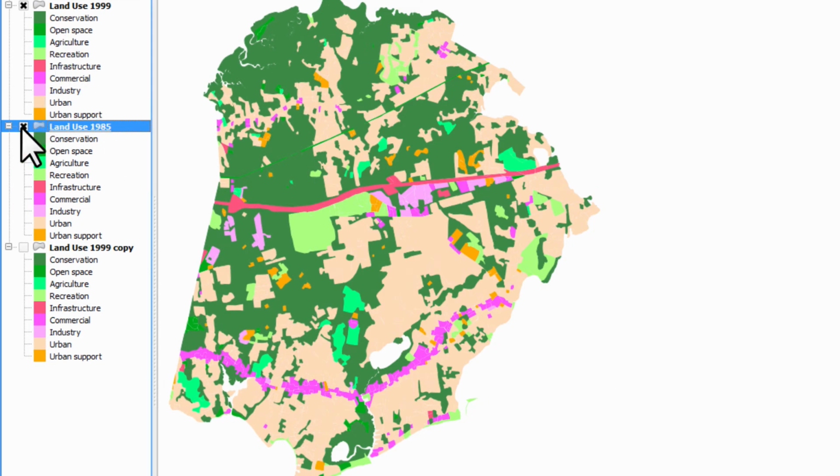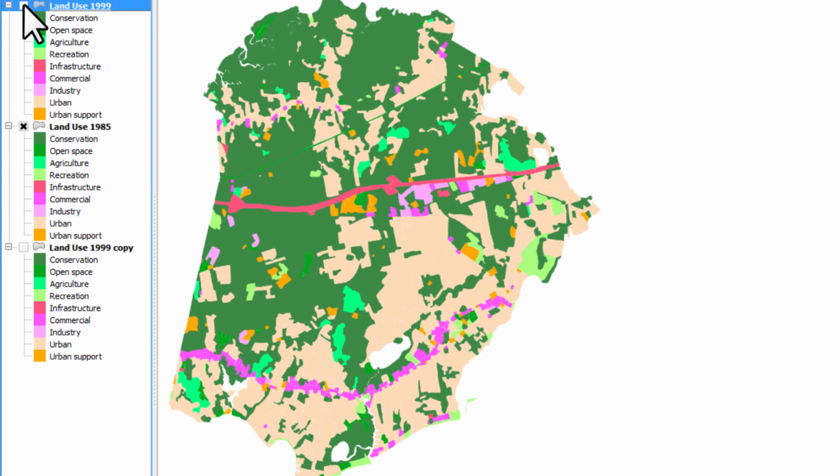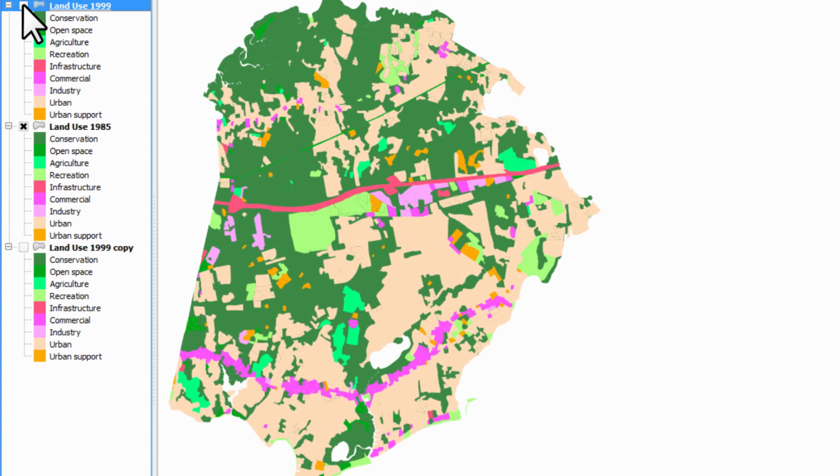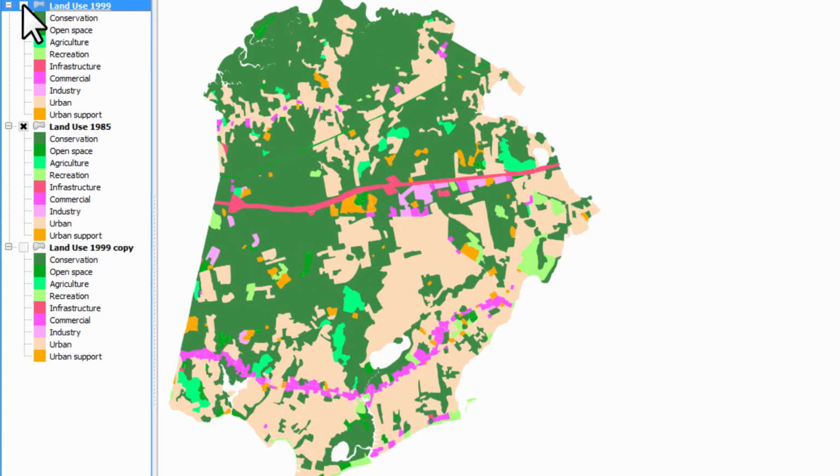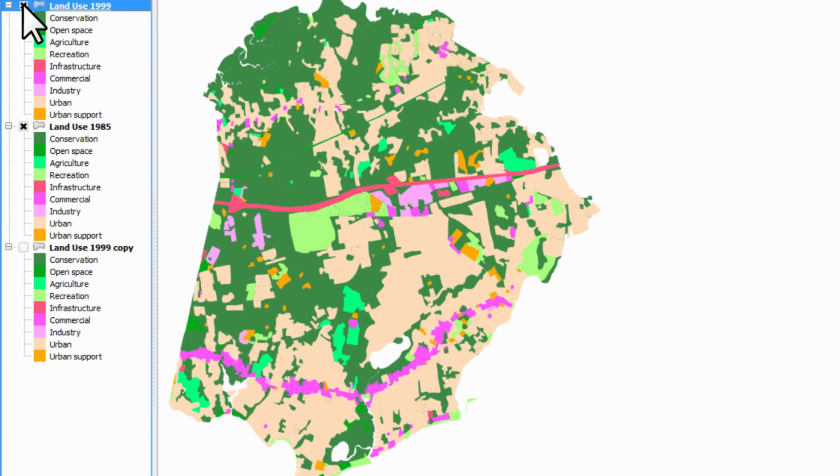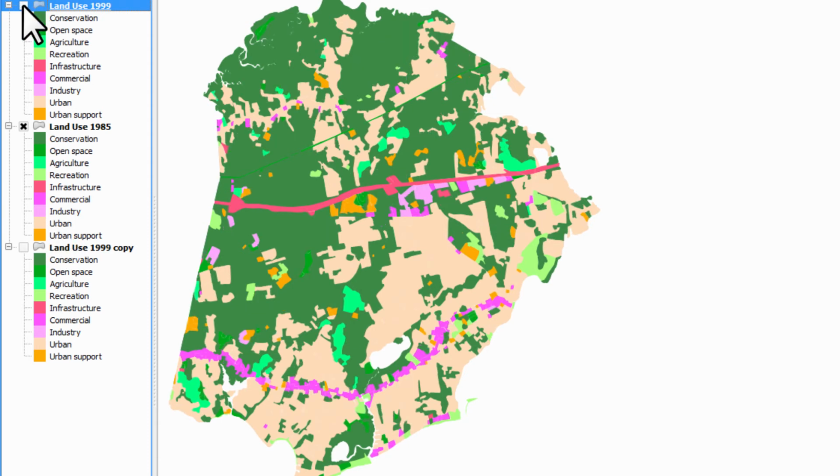So if I now enable this and I click this map here off, the land use 1999, we can see just visually by clicking that on and off how the land use has changed over that 15-year period or 14-year period. Quite clearly, the urban areas have expanded a heck of a lot.